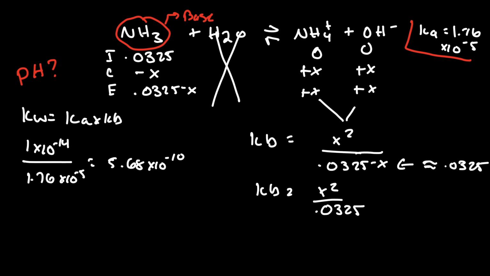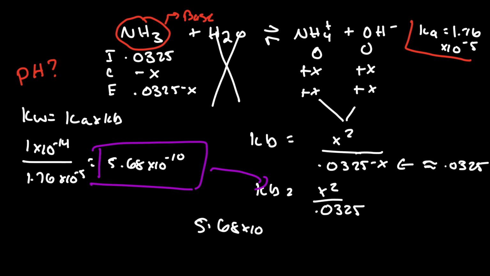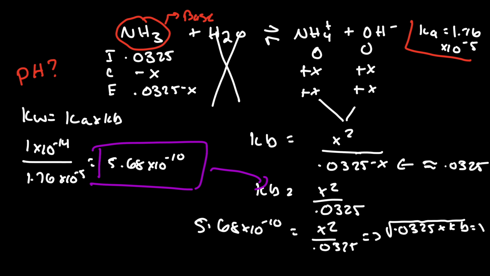Knowing that Kb is here, we can plug that in and solve for x. So again, we're going to say here that 5.68 times 10 to the negative 10 is equal to x squared over 0.0325, which means 0.0325 times Kb, all of that square rooted, is equal to x.